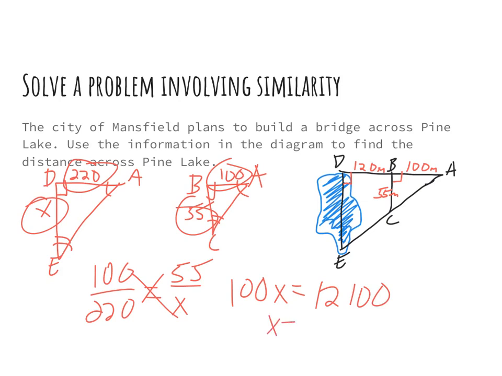Divide both sides by 100, and I get that x is 121, and we're using meters. So that's how we would use similar shapes to find missing side lengths. We can write a proportion using corresponding sides, set them equal to each other, cross multiply, and solve for our variable.